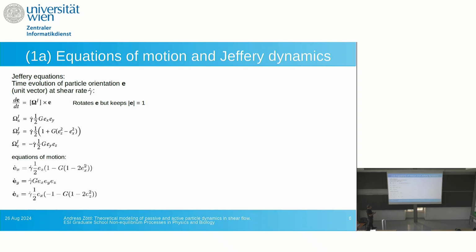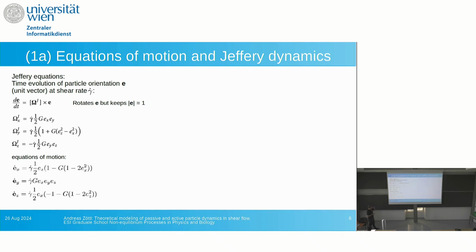So when we integrate these equations of motion in the afternoon, and you make your time step small enough, the length of the orientation will be 1. But as we will see, this is a bit tricky, and in reality you also have to normalize your orientation vector from time to time, because you always make some error in the numerical integration.